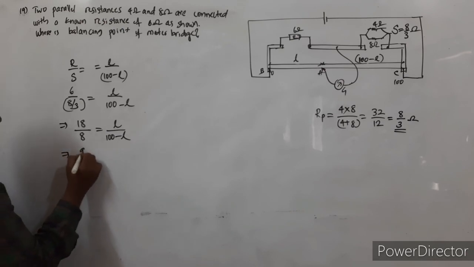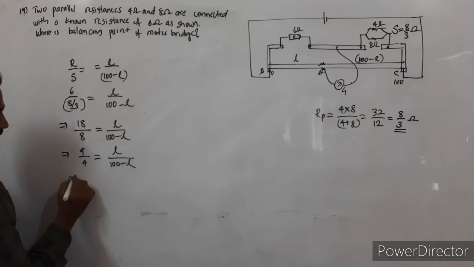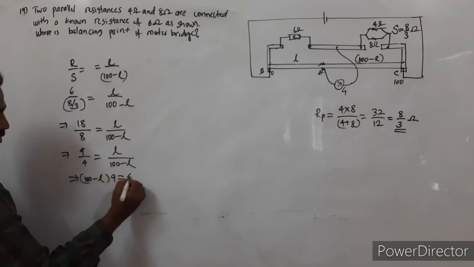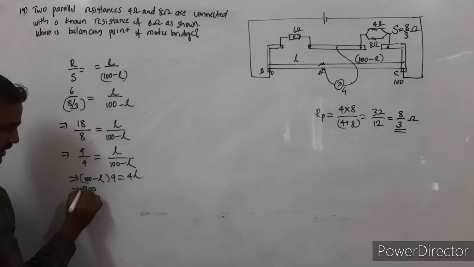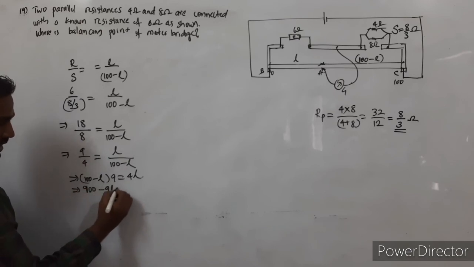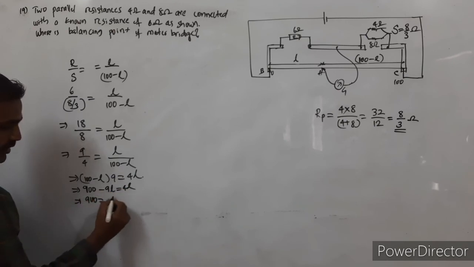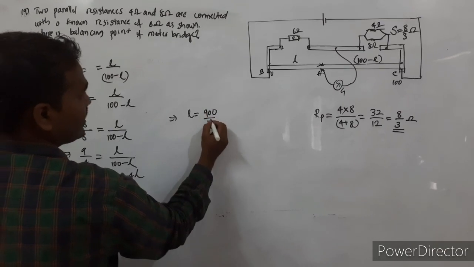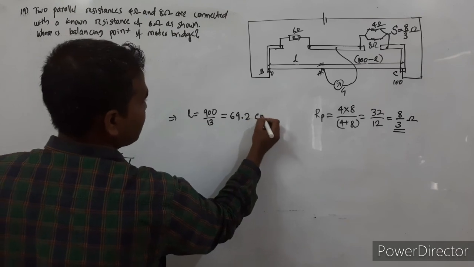I can write this as 9 divided by 4 is equal to L divided by 100 minus L. I can write this as (100 minus L) into 9 is equal to 4L, or 900 minus 9L is equal to 4L, or 900 is equal to, taking it to the RHS, 13 times L. This implies L is equal to 900 divided by 13, so that is equal to 69.2 centimeters.